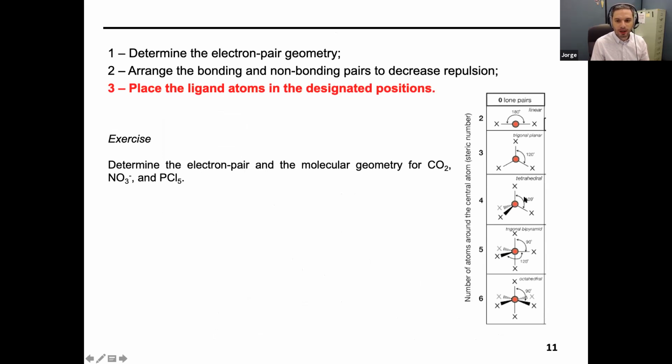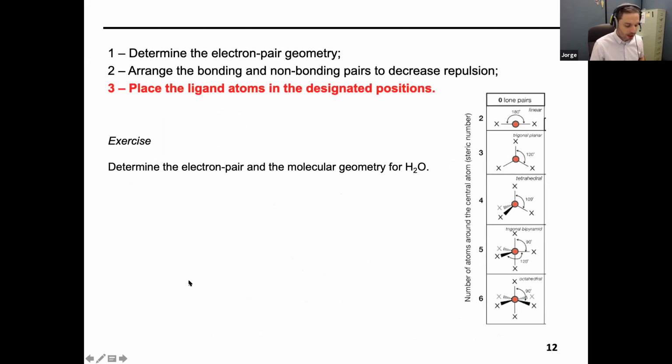And we talked about the molecular geometry for CO2, nitrate as well, and PCl5. So for today, I would like to talk about the molecular geometry for water, and I would also like to discuss the molecular geometry for ammonia. Okay, so let's start with water.